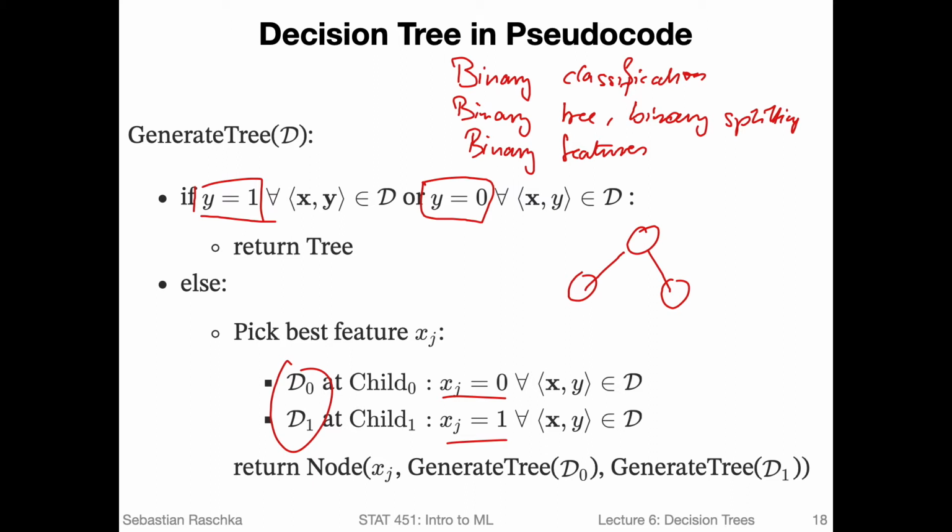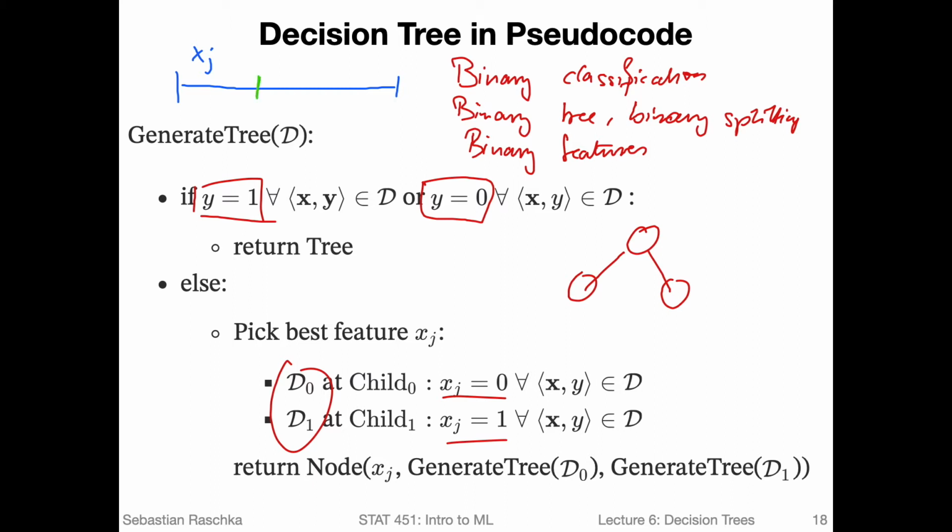However, based on what I've shown you earlier in the context of scikit-learn, the decision tree visualization, we can also use continuous features and convert them to binary splits. For example, if we pick a given feature, xj, then we can split it in 2 parts.